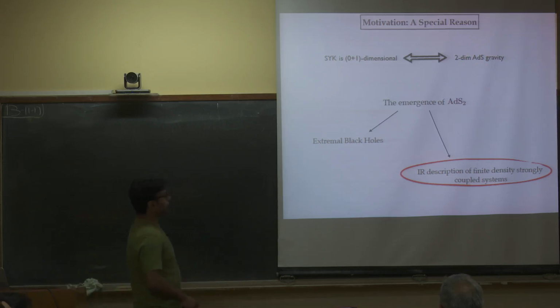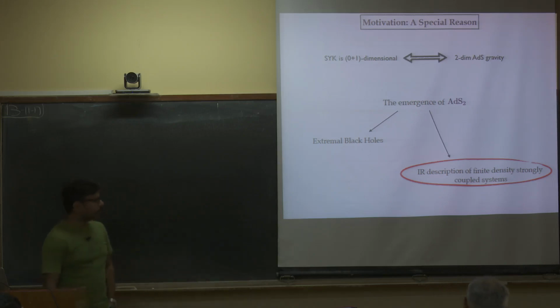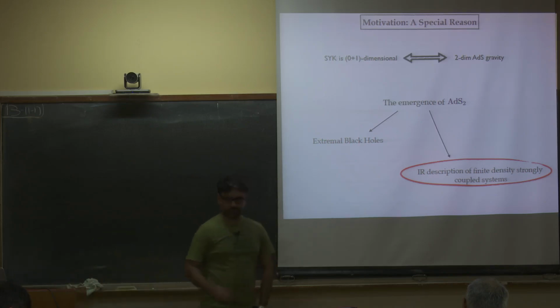There are two canonical ways in which we see AdS2 emerging, in what I might call standard holography. One is, of course, if you take extremal limits of black holes, where you get an AdS2 factor very naturally.